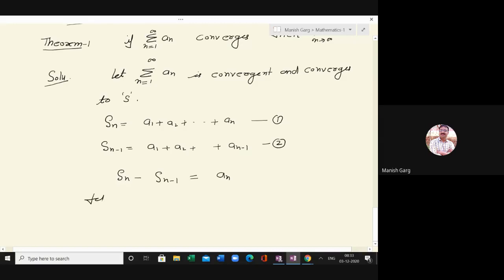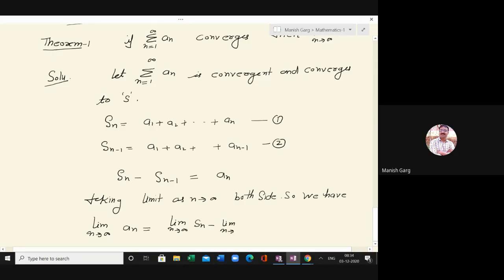Taking the limit as n tends to infinity on both sides, we have the limit of an as n tends to infinity equal to the limit of Sn minus the limit of Sn minus 1 as n tends to infinity.